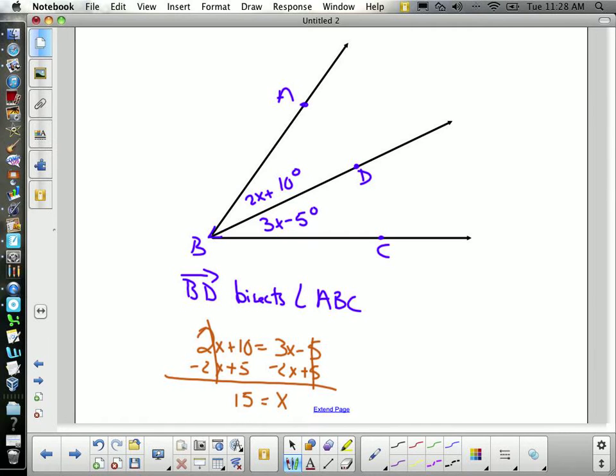Oh, and you need to do the division step. It's easy. So there we are. X is 15. I found the value of x. Now, if I needed to, I could find the measure of the angle, couldn't I? I could substitute that back in. It doesn't ask to here. Here, all it has to do is set up and solve the equation. But we can do that with bisects.